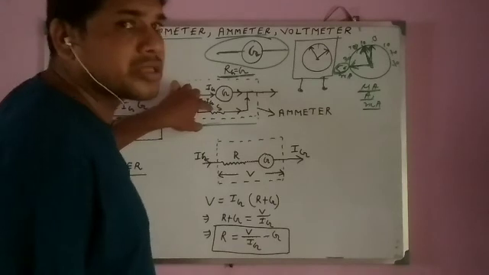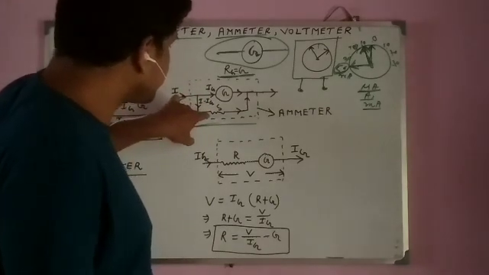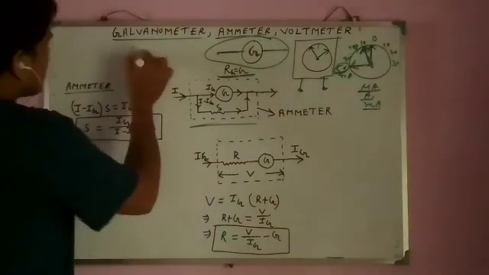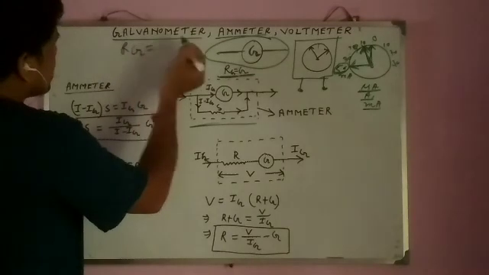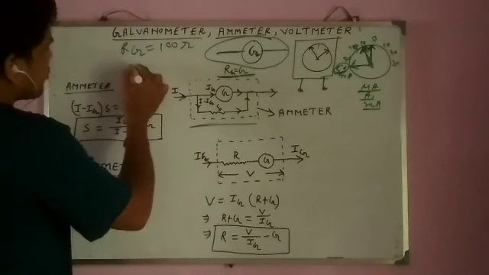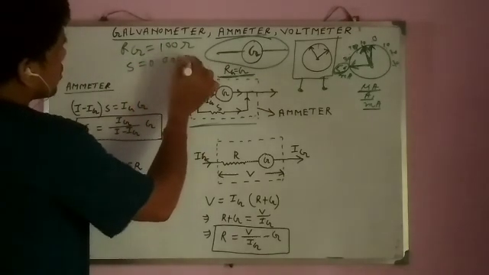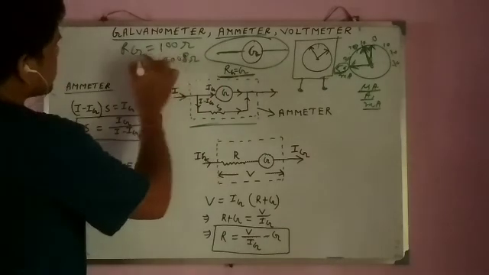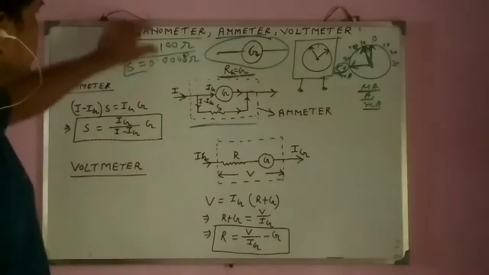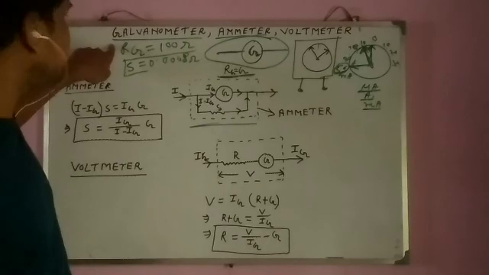That resistance is called the shunt resistance, denoted by S. The value of the shunt resistance is very small compared to the galvanometer resistance. Practically, if the galvanometer resistance is 100 ohm, then the shunt resistance is very small, like 0.0001 ohm. In comparison to the shunt resistance, the galvanometer resistance is very high.